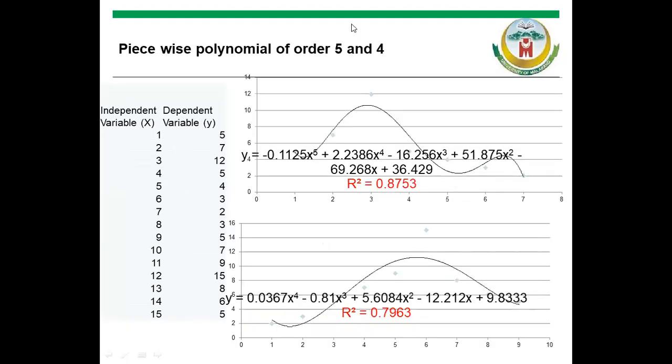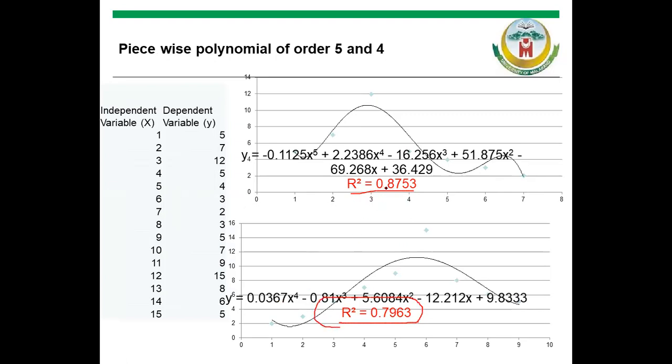Now, if I divide this function into two sub-functions, that is, if I take two splines, meaning two pieces of a single function, the accuracy of the first piece is 0.87 and the second piece is 0.79.